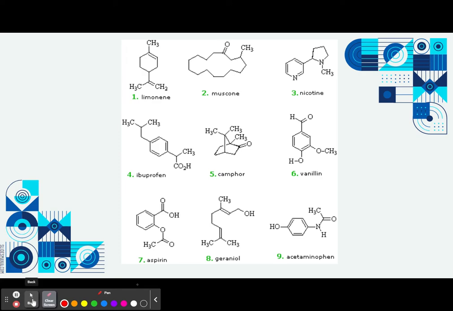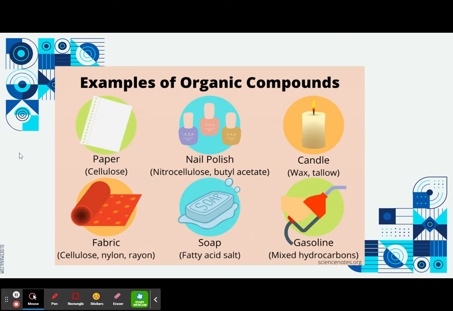Again, all of those are considered to have carbon at each section. Pretty big. Organic molecules and compounds don't all have to be living. Nail polish is not living; that's butyl acetate. Some of the nitrocellulose is not living, but it's more biodegradable. Candle wax, you can think of beeswax.